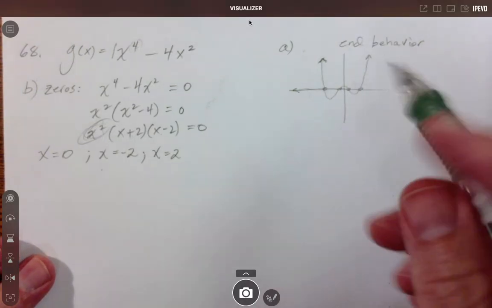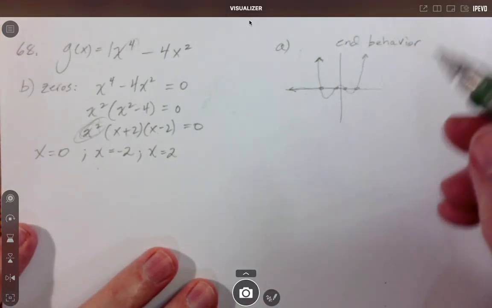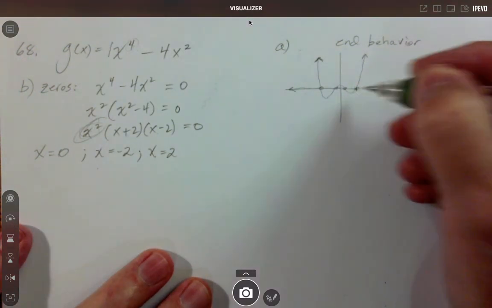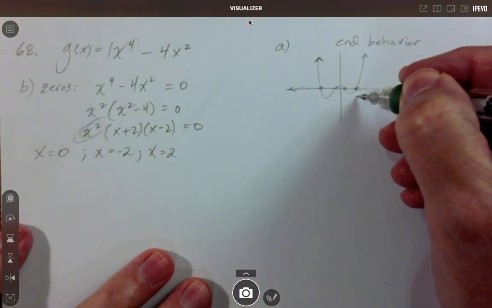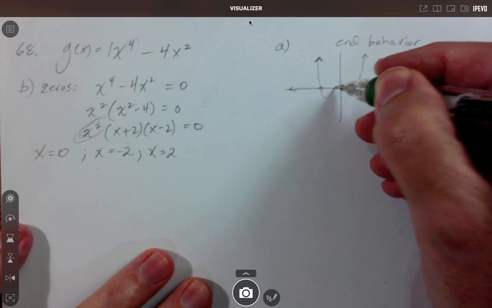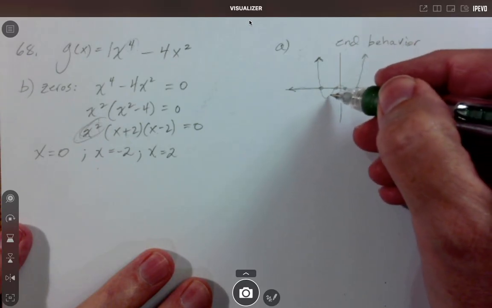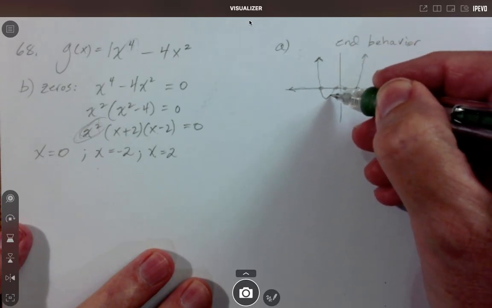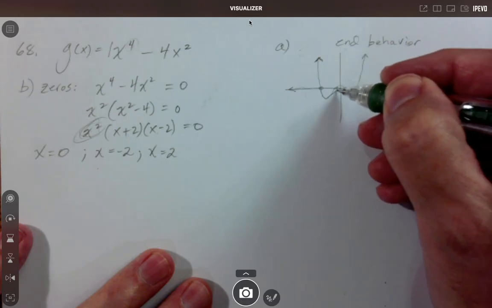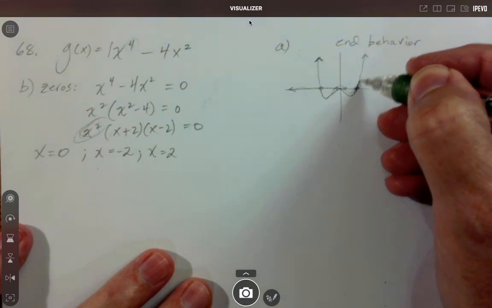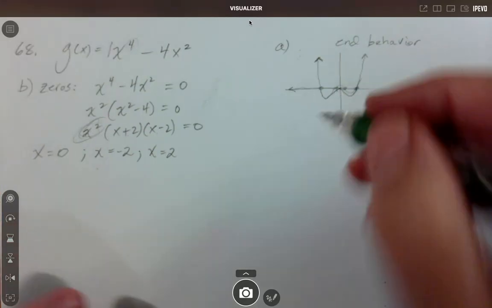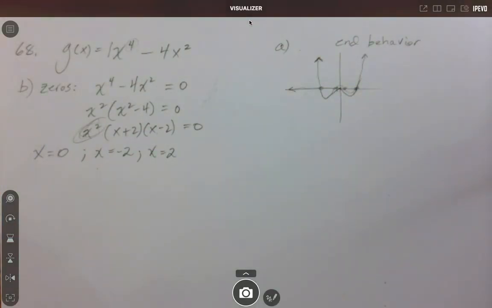All right, so now I can do some details here. What it's going to do is actually come down, probably bump right there up against 0, because that's a double root or a double 0. The words root and 0 are used interchangeably.